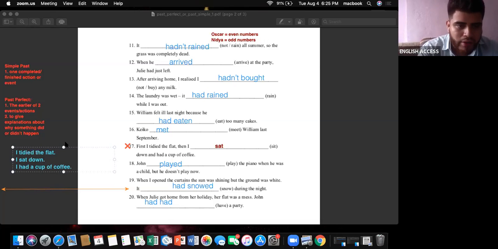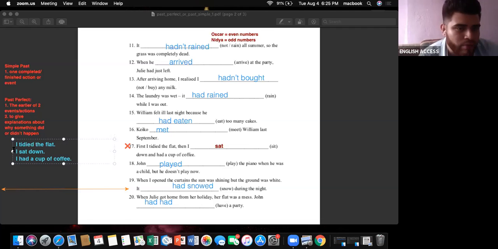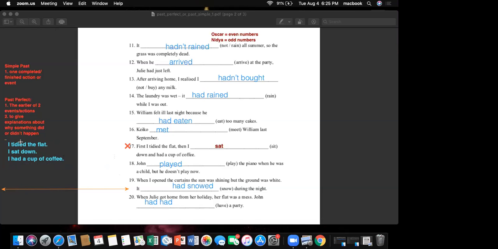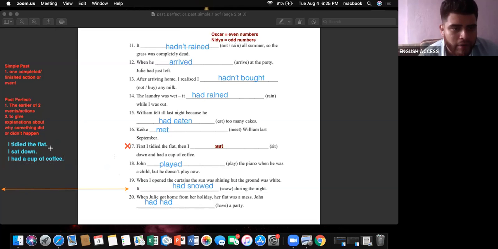That is three. So we have three actions. One, two, and three. I tidied the flat, I sat down, and I had a cup of coffee. What happened first? I suppose the people have to tidy, obviously. Yes, first you tidy the flat, right?